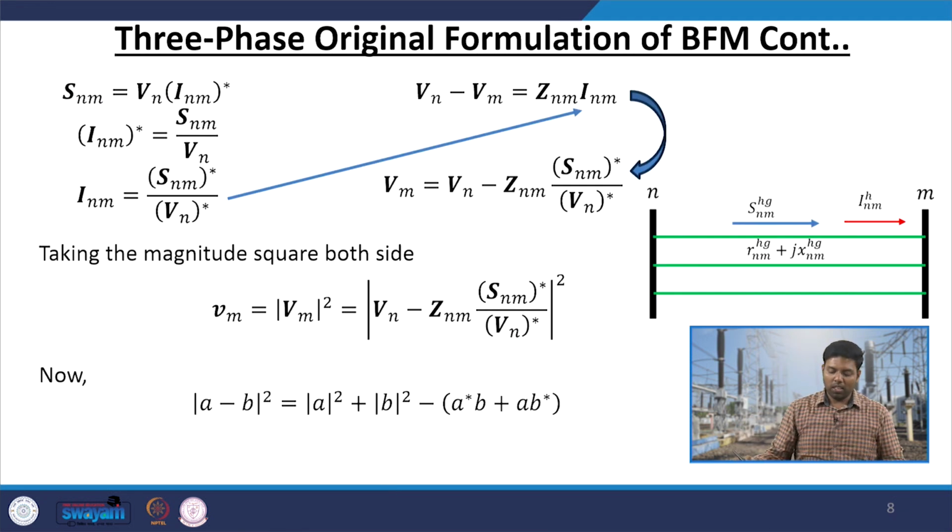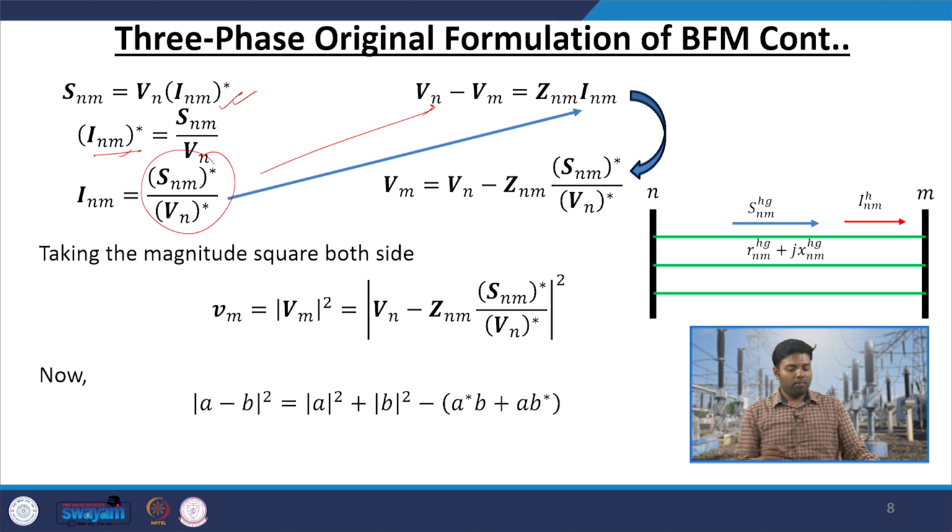Now, we will determine the voltage equation. We start with the same power equation, that is V and I complex conjugate transpose. From there, you determine the complex conjugate transpose of I and put that value into your voltage equation, V n minus V m equals Z n m I n m. Put that I n m value and you will get this.